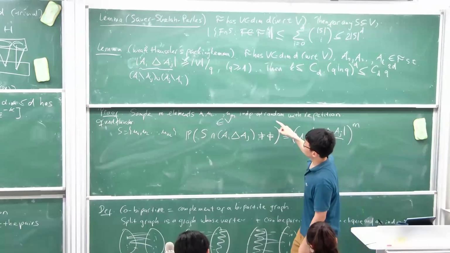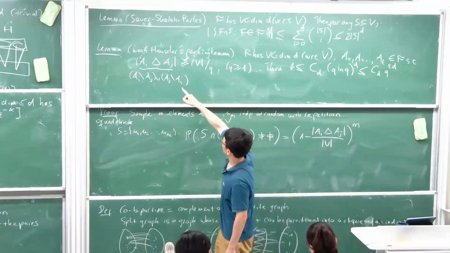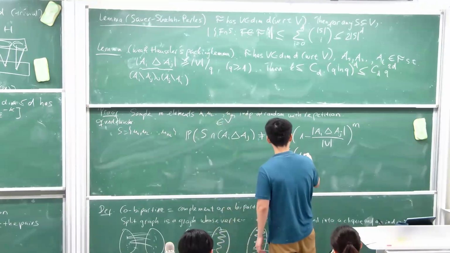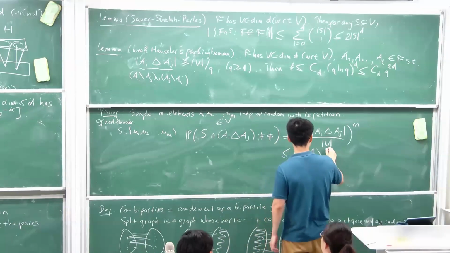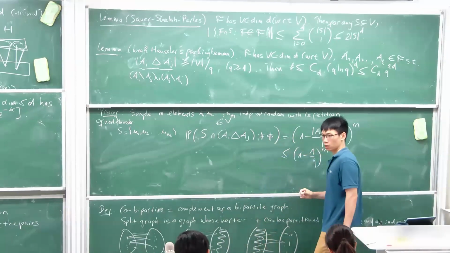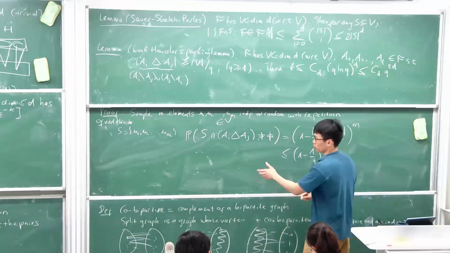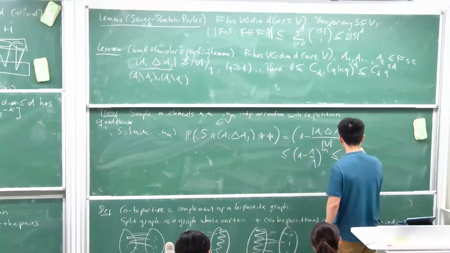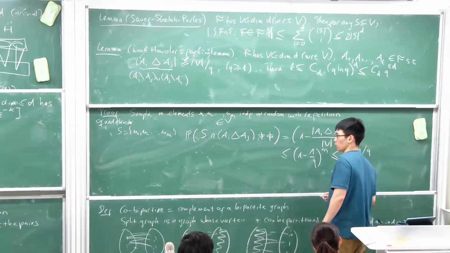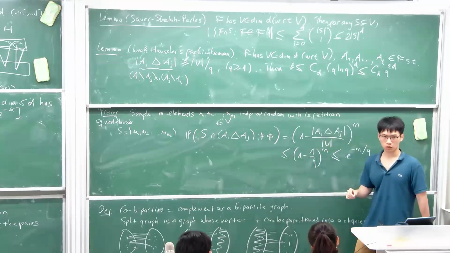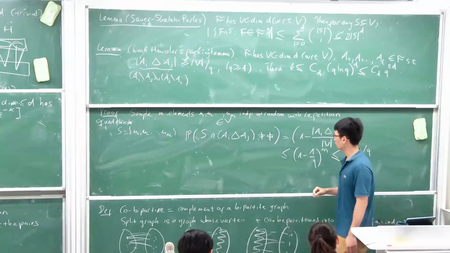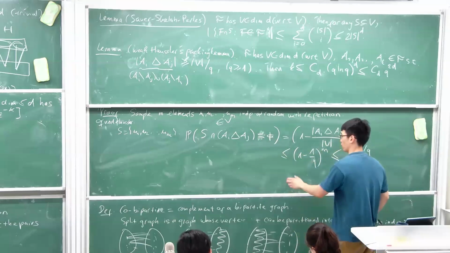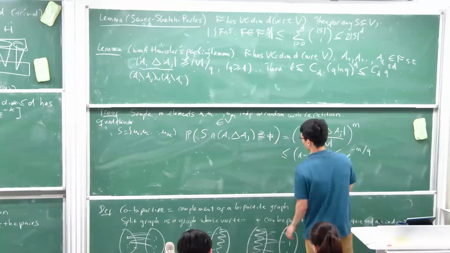From the condition that the symmetric difference is at least |V| divided by Q, this is at most (1 minus 1 over Q) raised to the power of m. I'm going to choose m later. And this is almost e to the minus m over Q. Sorry, it is empty, because you want to estimate the bad probability.